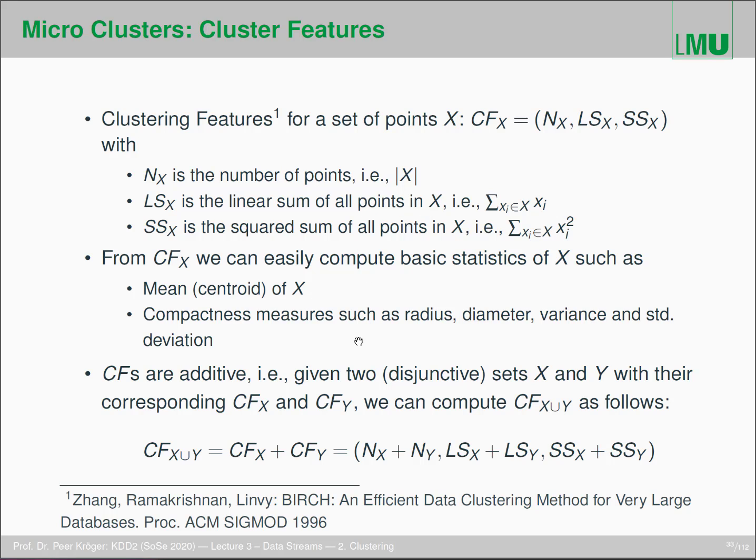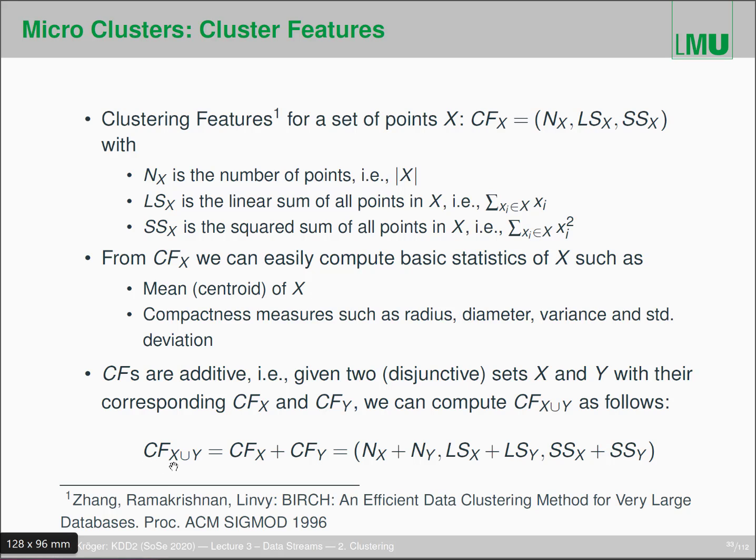And the most important point is that those clustering features have a very nice property, which is additiveness. Which means for two given sets of points, x and y, if you want to combine them, you can compute the combined cluster feature by simply adding the individual cluster features.